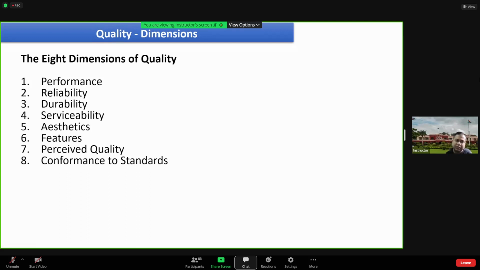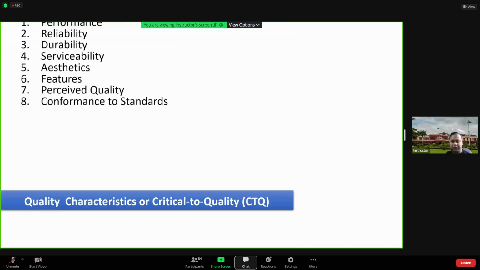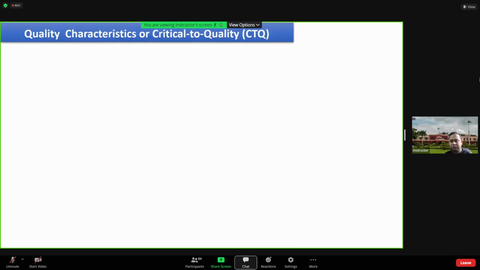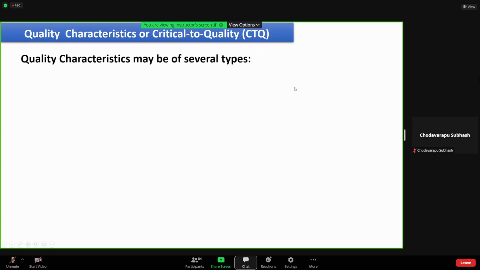Apart from that, there are certain things that are critical to quality. So we call them CTQs, critical to quality characteristics. CTQs can be of several types, and when we talk about quality improvement, we'll see in later stages, for a Six Sigma project, the basic thing is that first we identify what the CTQs are for our case.